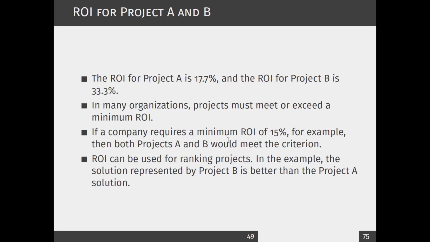And this also could be used to rank projects. Now here, project A, project B, two proposals for the same thing. Depending on the software you use, we can use it to rank the projects, rank the people, right? And then you can talk about which is better.